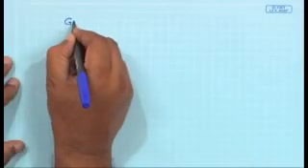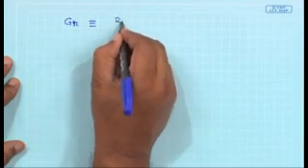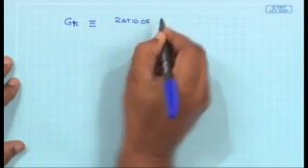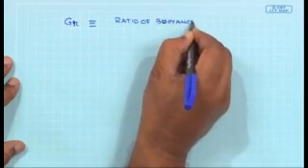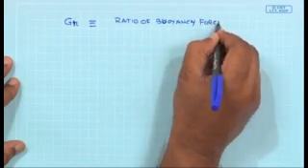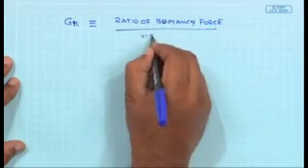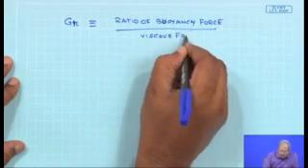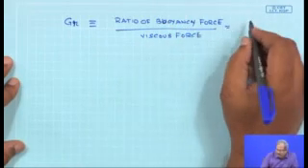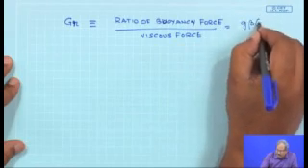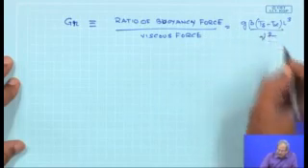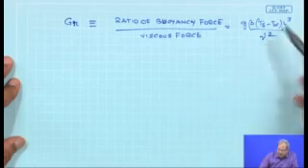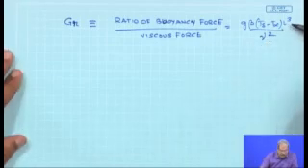Additionally, if you look at the definition of the Grashof number, it's nothing but the ratio of buoyancy forces to the viscous force. Let me write the definition of the Grashof number once again: g beta (Ts minus T infinity) L cube by nu square. The denominator refers to the viscous force and the numerator refers to the buoyancy force.